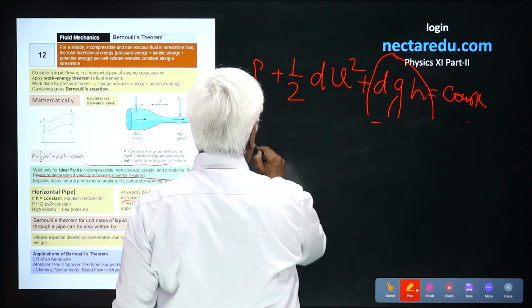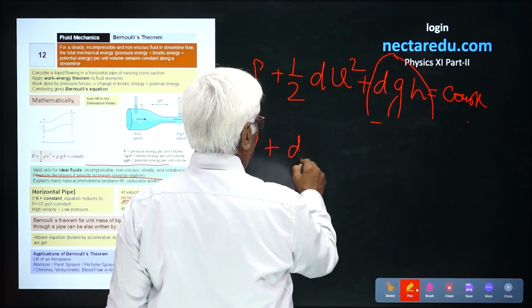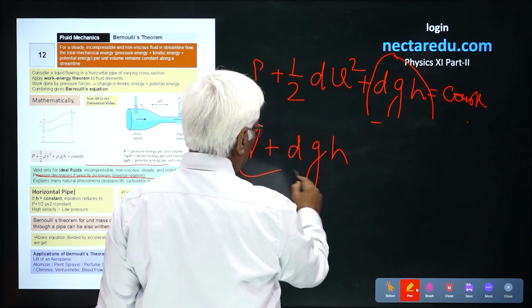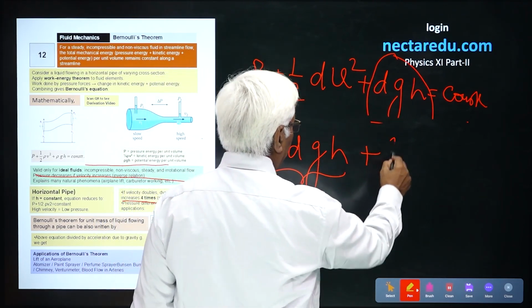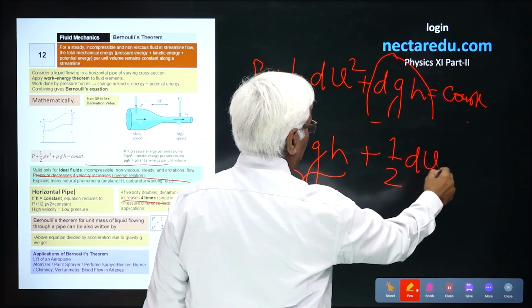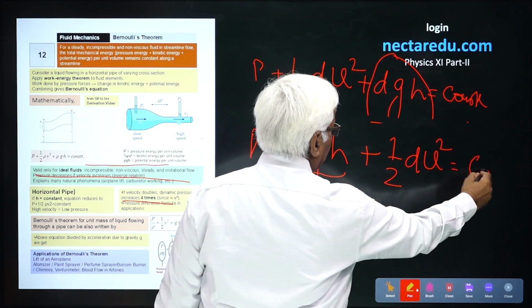So, all the three terms are also standing for pressure. This will be known as static pressure, and this half dV square is also sometimes known as dynamic pressure.